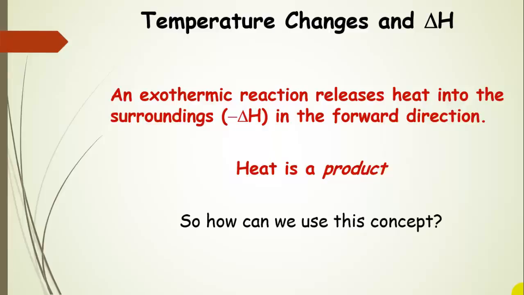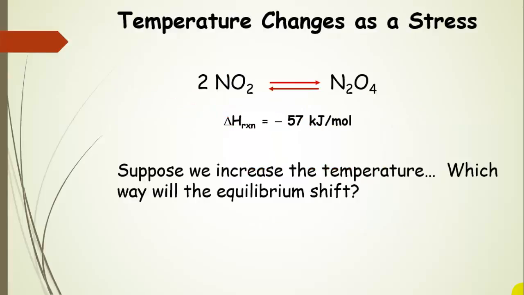So how can we use this concept to figure out which way the reaction is going to shift when we change the temperature? So here's an example. We have nitrogen dioxide in equilibrium with dinitrogen tetroxide. So the delta H for this reaction is negative 57 kilojoules per mole. So that means that it is exothermic. Now, if we increase the temperature, which way will the equilibrium shift?